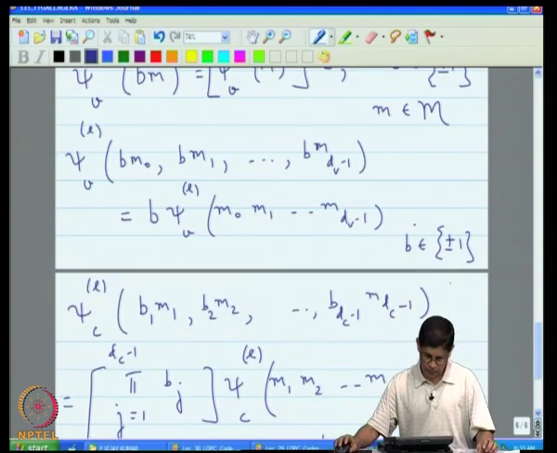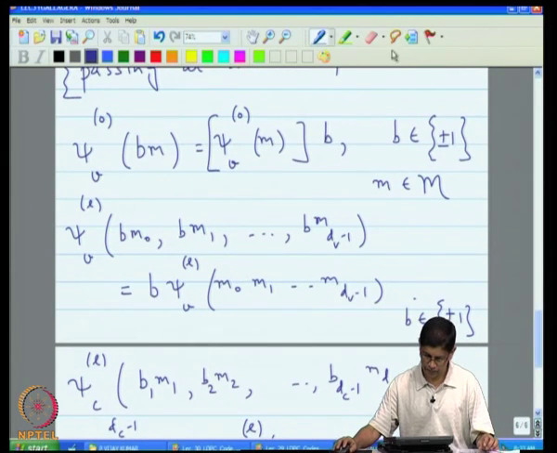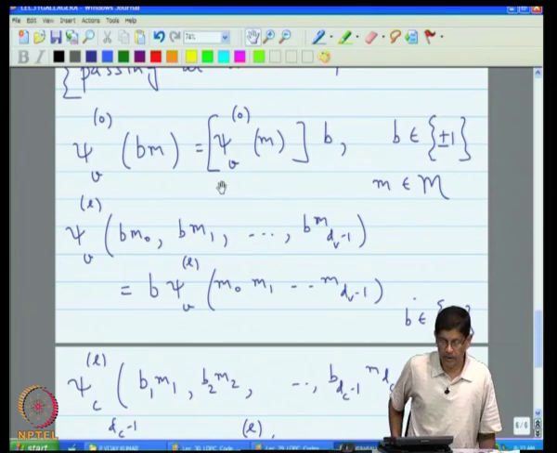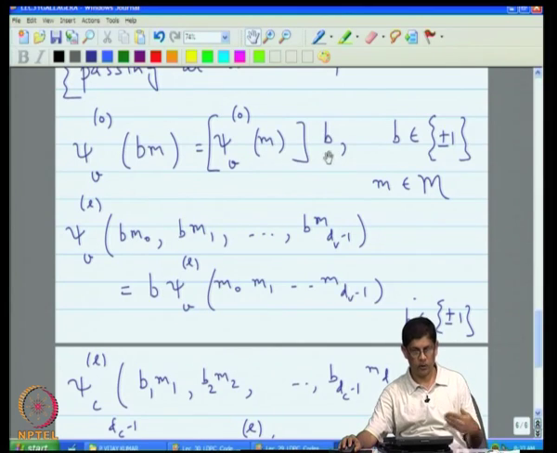So, in words what we are saying is that look, at a variable node, initially we are going to require that whatever mapping is conducted at the variable node must have the property that if the sign of the incoming signal is changed, then the outgoing signal must also change sign.